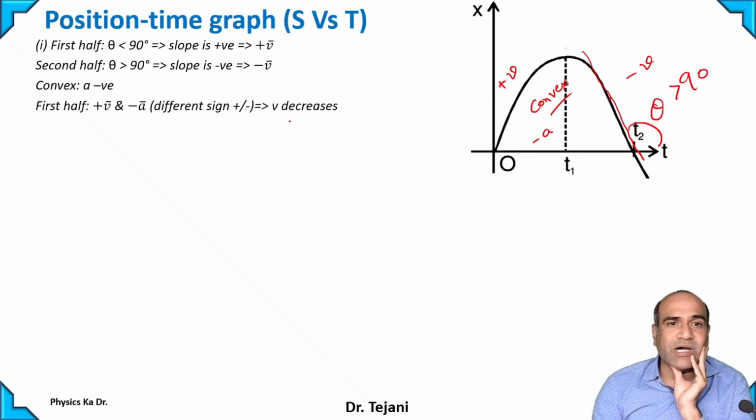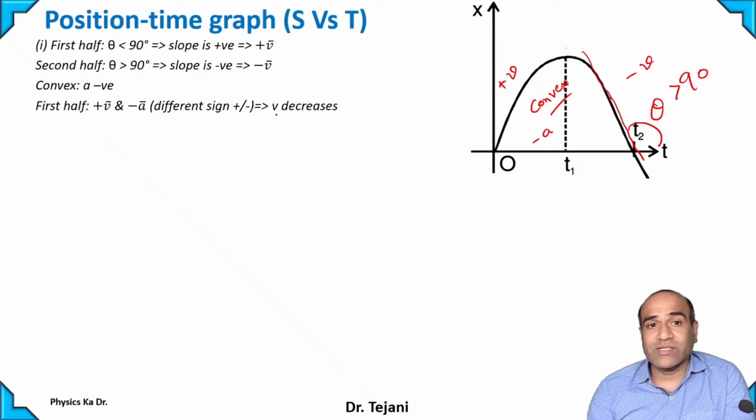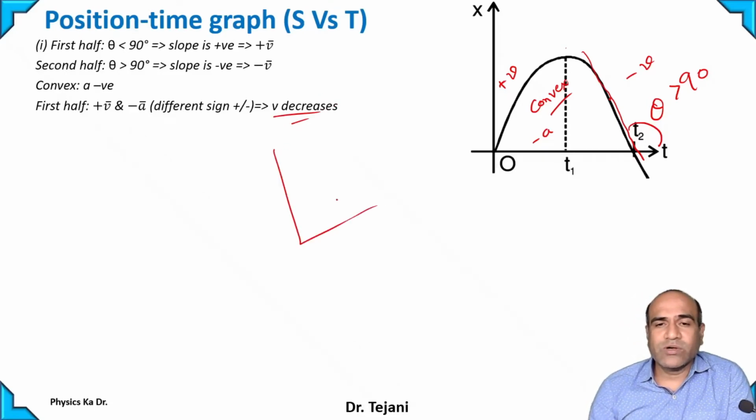So for the first half, velocity is positive, acceleration is negative. So what happened? Velocity decreases. If we draw a velocity versus time graph, velocity starts from positive, then it decreases.